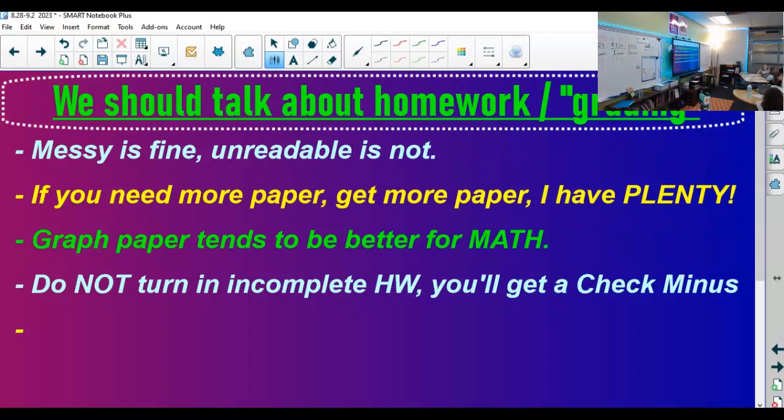So if you only have one question to fix, don't use a whole page of graph paper. Get one of these and just staple it on. Right? So revisions, if you have a check minus, or if you end up getting a progressing on something, go on separate paper. Any questions?